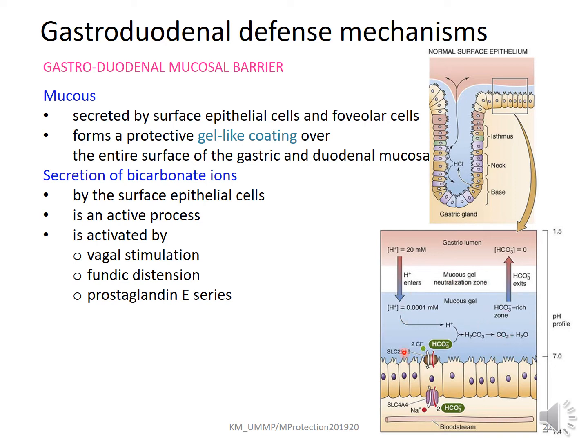Bicarb secretion is an active process activated by vagus stimulation, fundus distension, and prostaglandin E series. Because of this mucus and bicarb, the pH immediately over the apical surface is around 7, whereas in the lumen it is around 1.5. So we can say this gastroduodenal mucosal barrier is very strong against acid.